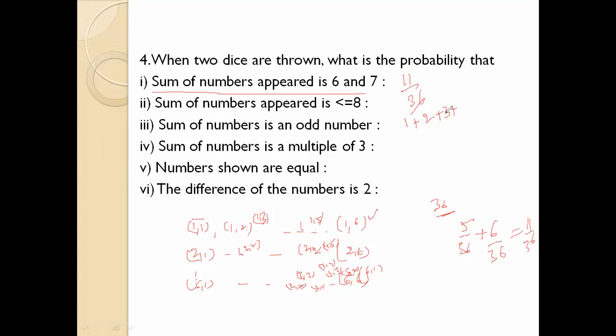Sum 5 cases are 1 comma 4, 2 comma 3, 3 comma 2, 4 comma 1, 4 cases. Sum 6 is 5 cases, sum 7 is 6 cases, sum 8 is 5 cases. 1, 3, 6, 10, 15, 21, 26 by 36.